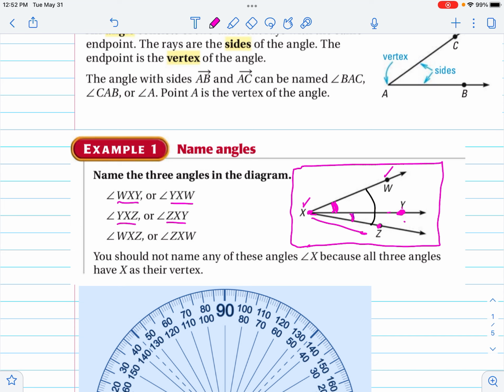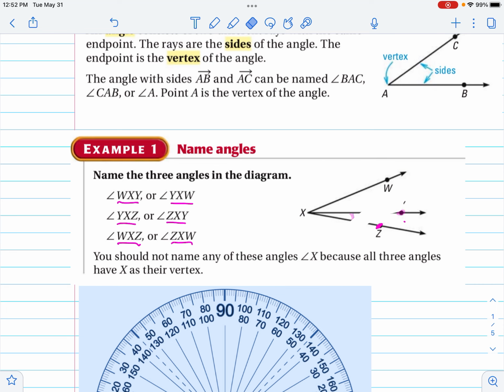Now the big angle: WXZ this time. See, we don't cut over like this. WXZ or ZXW.